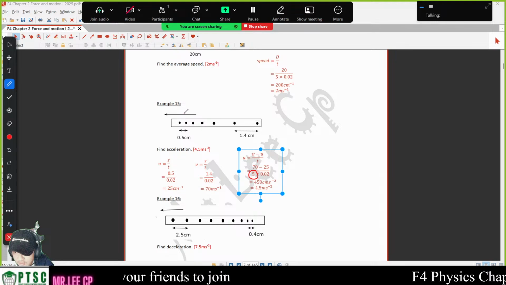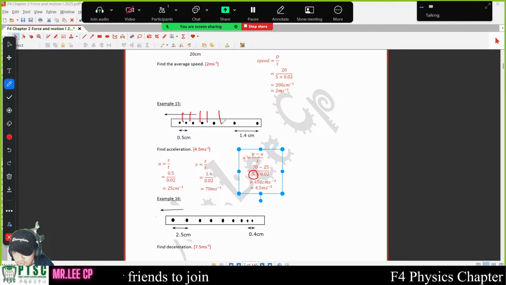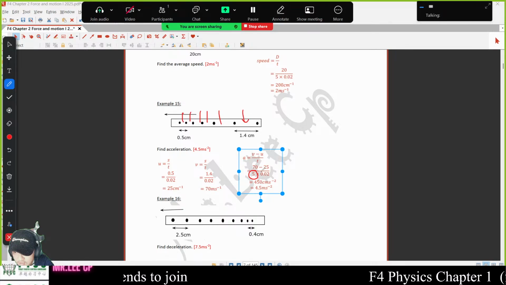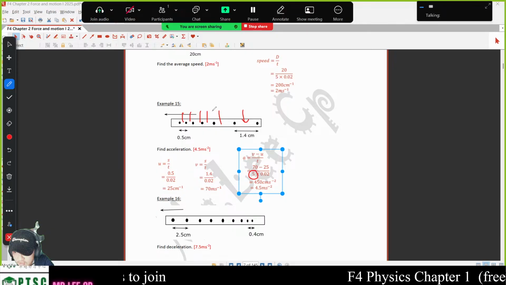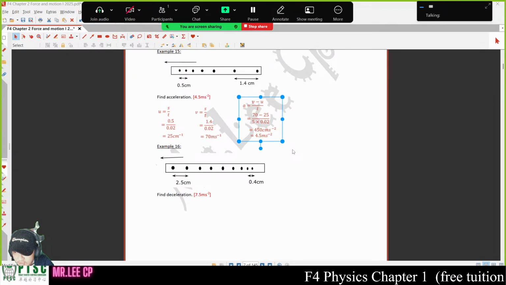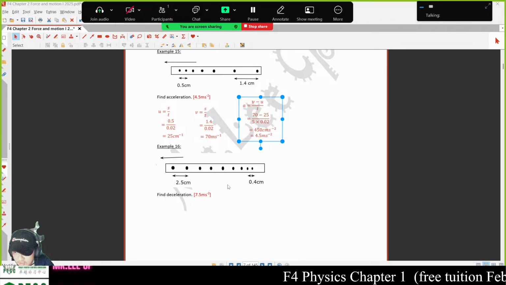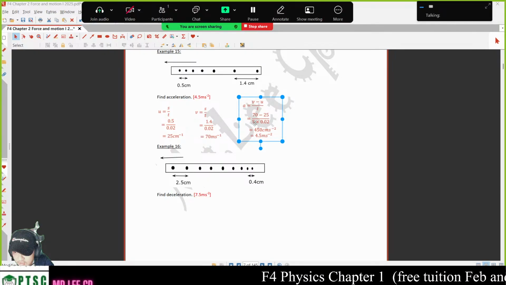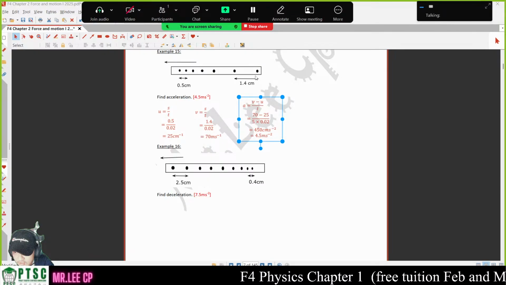So one more time: 1, 2, 3, 4, 5, 6 ticks. Why do I need to minus one tick? I will tell you later, okay? We try one more before I tell you why you need to minus one tick.